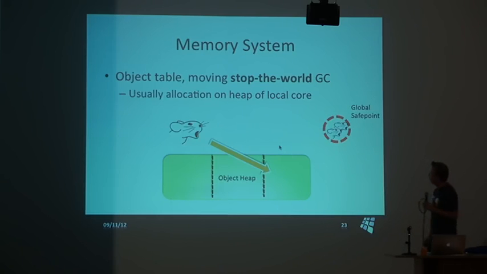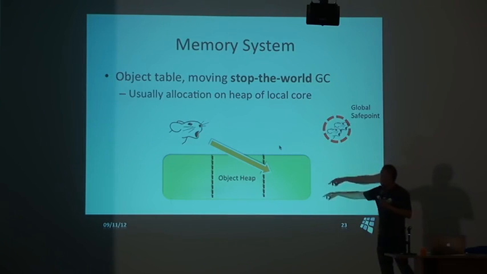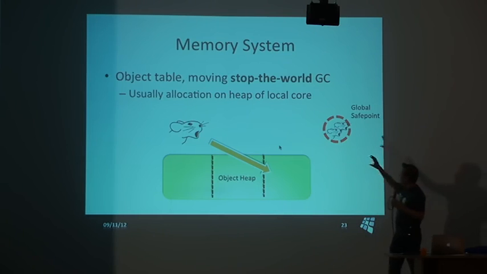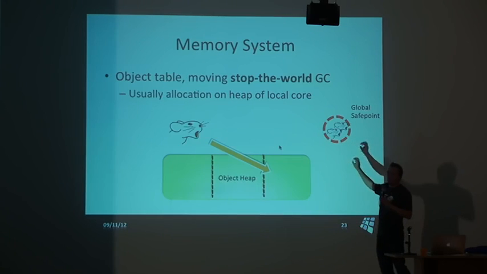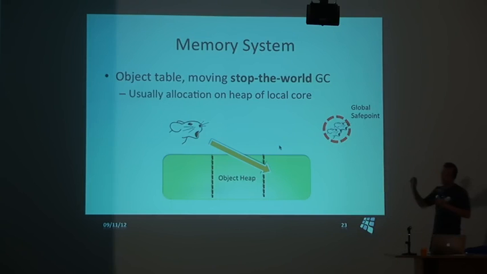So to make it simple for us, we assume that it's not a common operation that you have to move an object from another part of the heap around, or moving objects in general, or allocating objects in another part of the heap. Then you have to send all the other interpreter instances to a safe point, wait for them to stop, so they don't mess up your heap while you're doing that critical operation, and only afterwards you can continue.